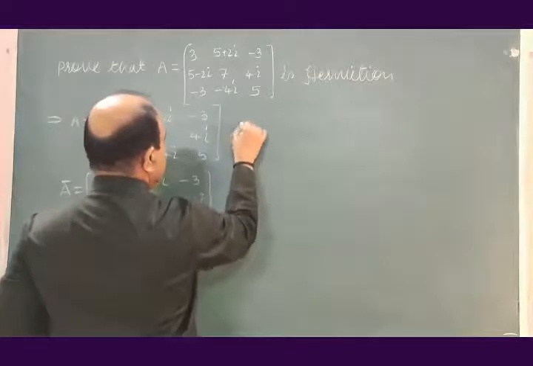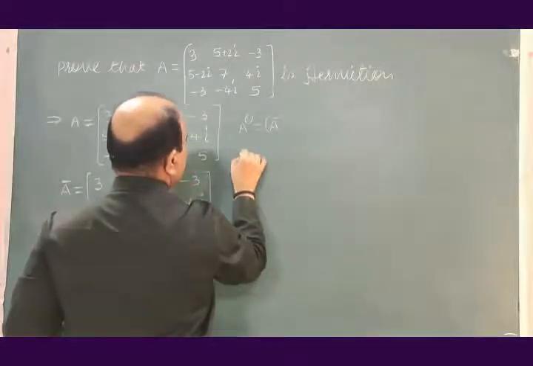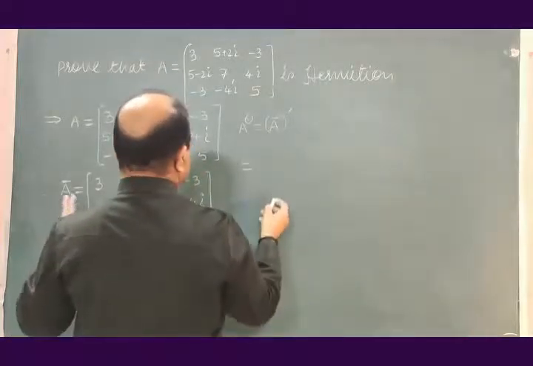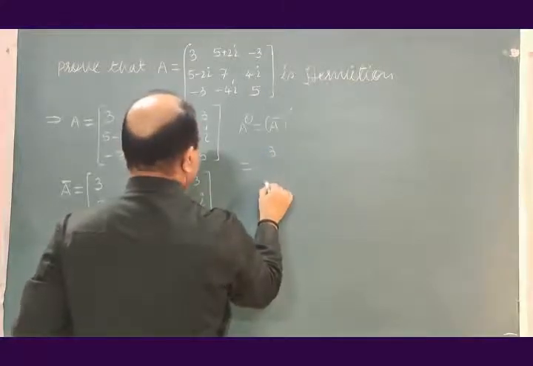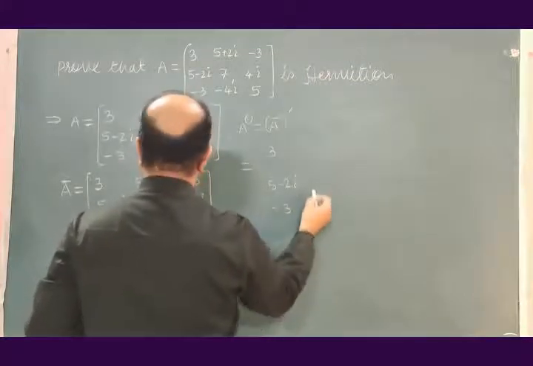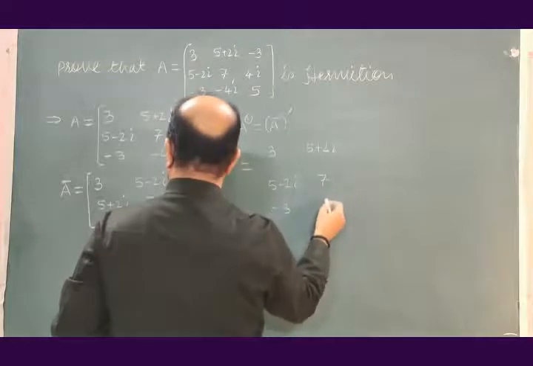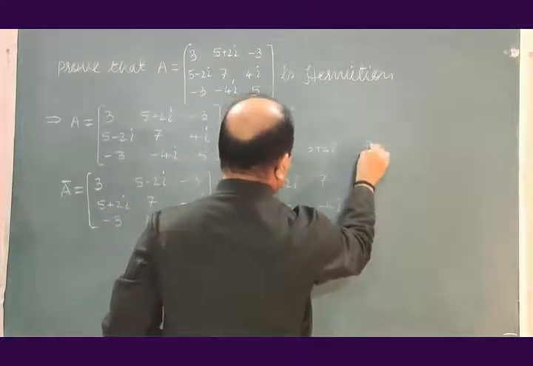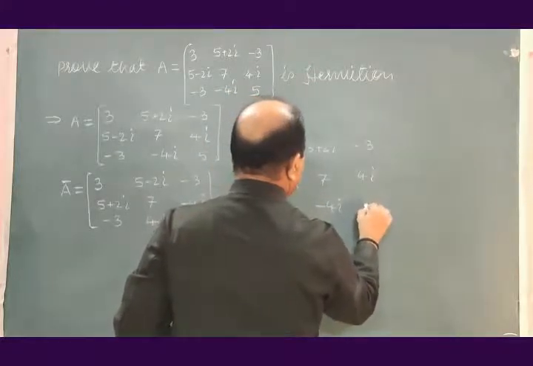Now get matrix A theta, or transpose of conjugate, that is, just interchange the rows and columns: 3, 5 minus 2i, minus 3; 5 plus 2i, 7, minus 4i; minus 3, plus 4i, 5.